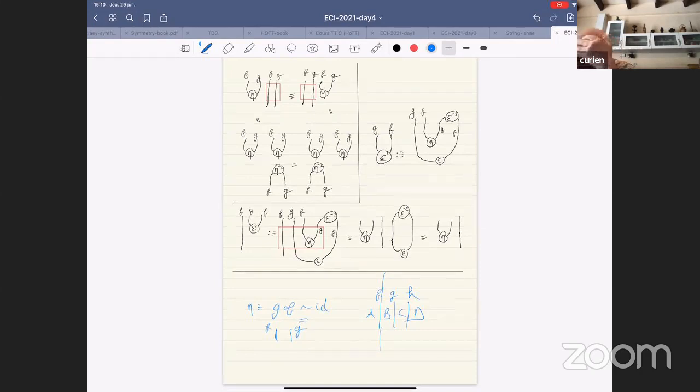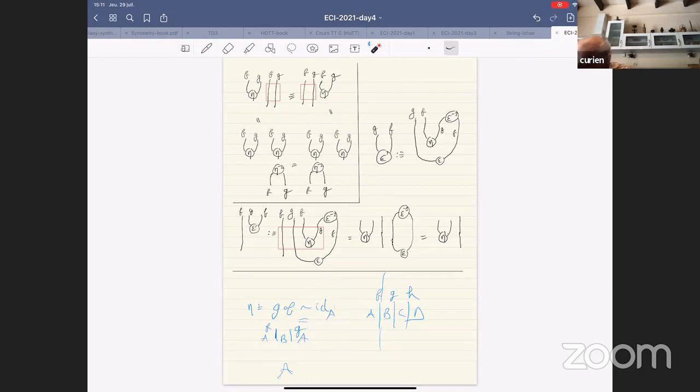So F, suppose that F is going from A to B, okay, and G from B to A. You see that in the end, this should go to the identity over A, okay? So here, we should end up in A. I mean, the space, if I remove this upper part of the picture, if I concentrate only on the lower parts, after I've done the operation, I do not divide the space anymore, because it is the identity on A.